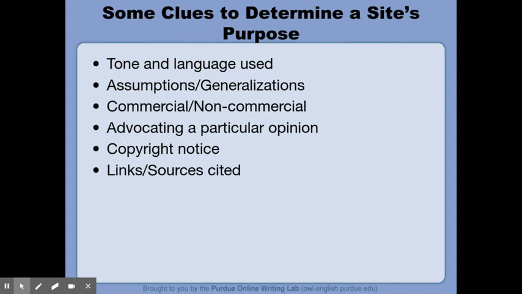If there's a copyright notice on that website, then the information that is listed on there has been stolen. And then look to see if there are links or other sources cited, because if the website has other links and sources cited, then you can back up what they say through other websites. So they're giving themselves credit by giving credit to others.